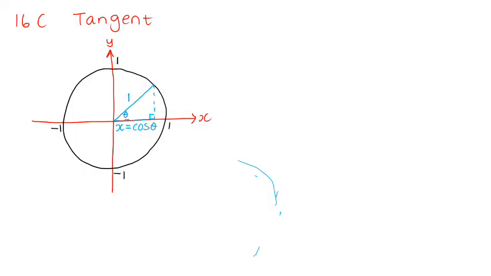This side here, what was it? Sine theta. Let me just get rid of those scribbles. Okay, so we had x equals cosine theta and y equals sine theta.